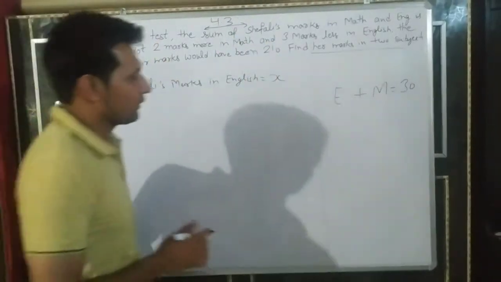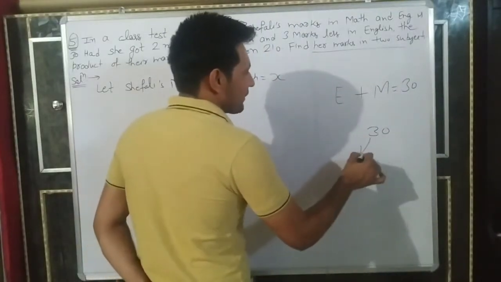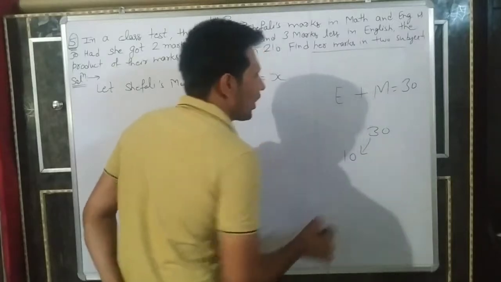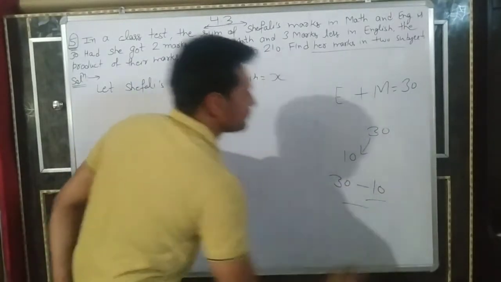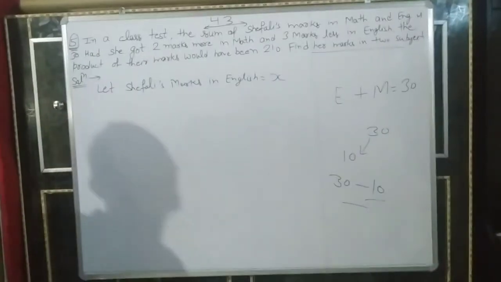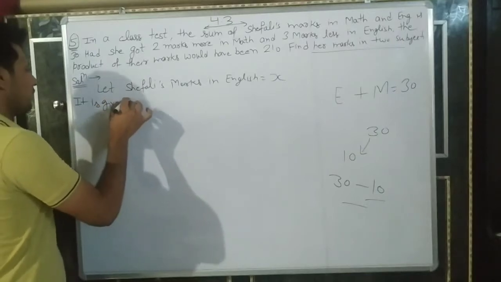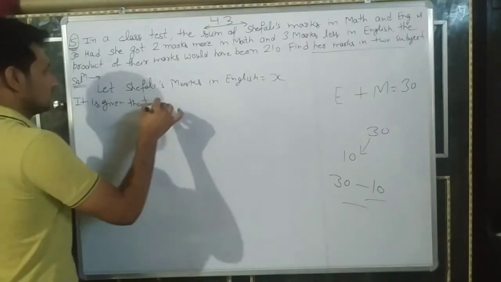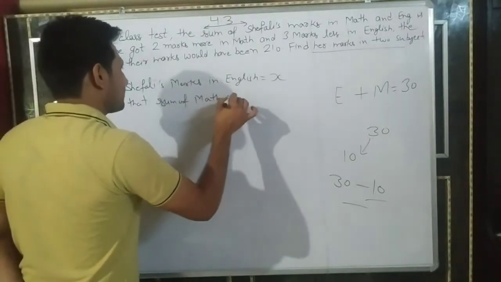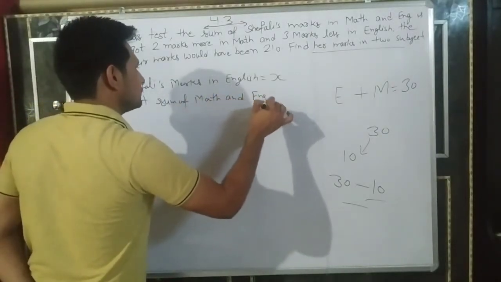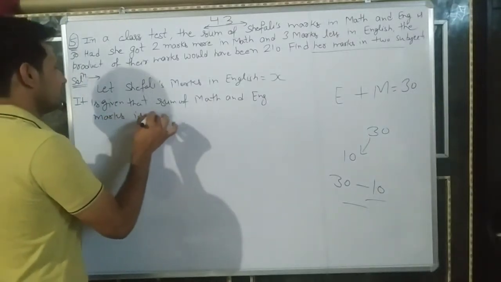Everyone knows, if I say she got a total of 30 marks, and in English Cephali got 10 marks, then how much in math? Total minus marks of English. So we will write, it is given that the sum of math and English marks is 30.